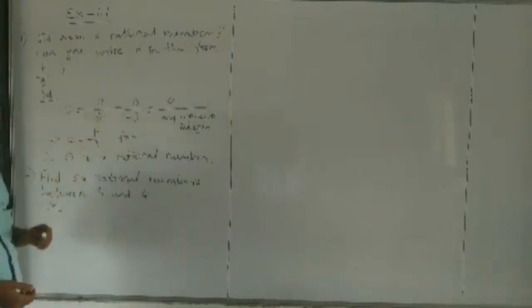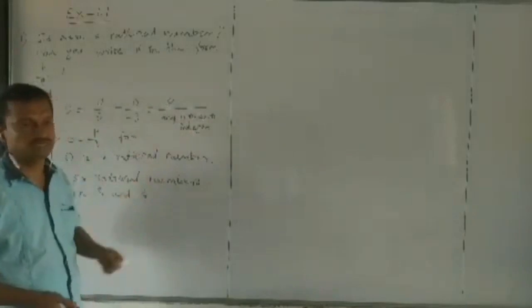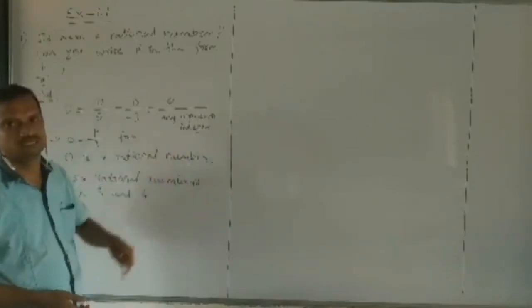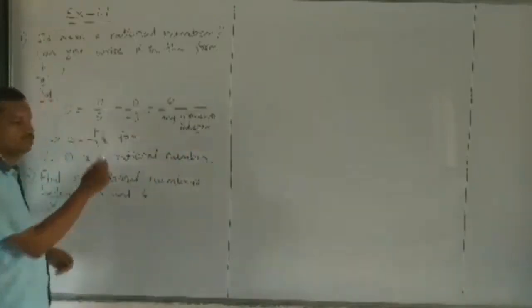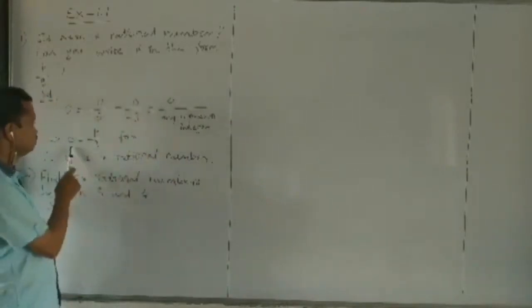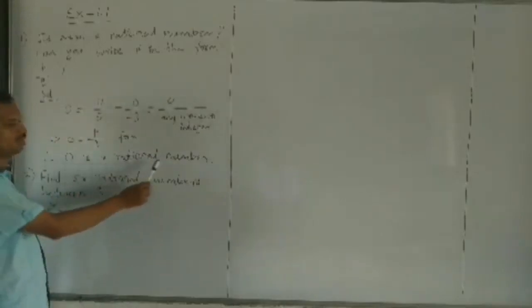So generally you can say 0 by any non-zero integer. The denominator should not be 0. So I am writing here any non-zero integer. So 0 we can represent as integer by integer form. So 0 you can represent in p by q form.